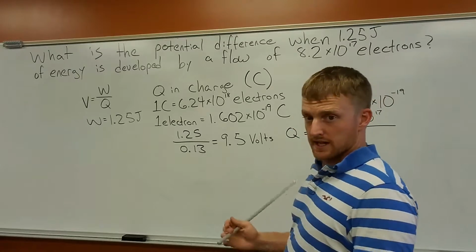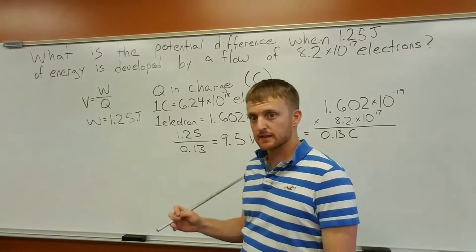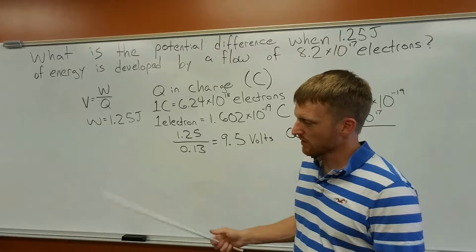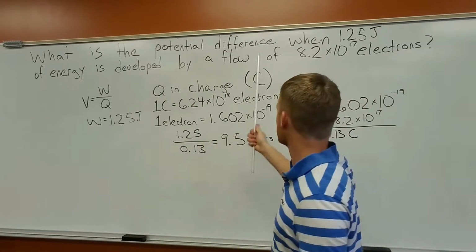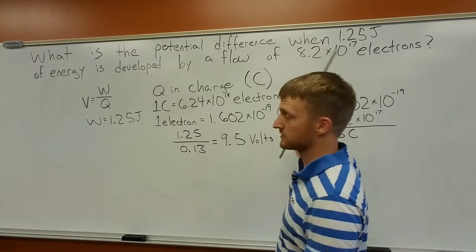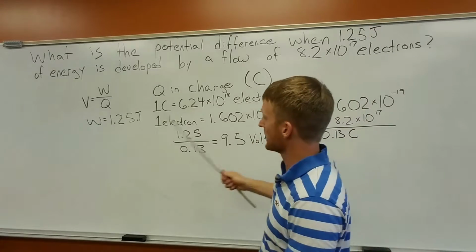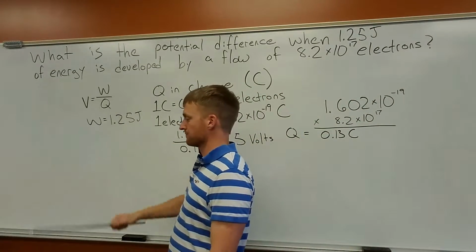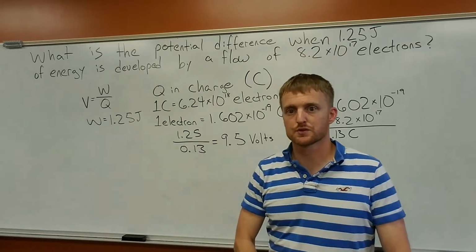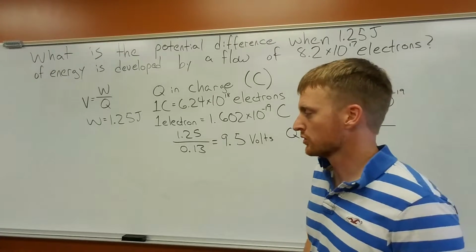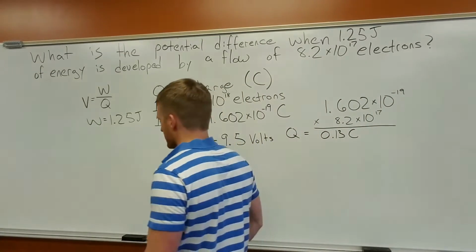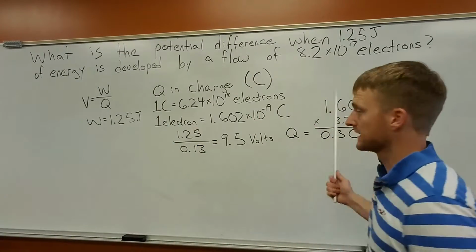Well, we don't exactly at the moment, but the formula asks for potential difference, and they give us a value for work, energy, okay? Joules of energy, which is W, measured in joules. So the closest formula that we have that relates those two is that one that I told you. And it gives us a number of electrons.